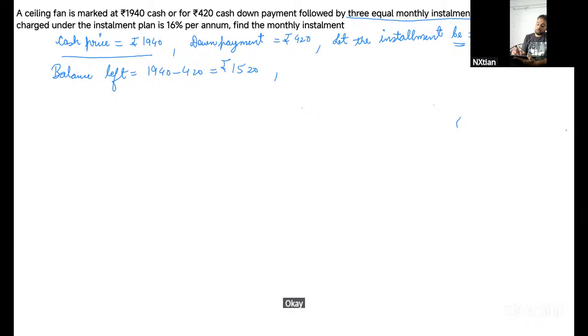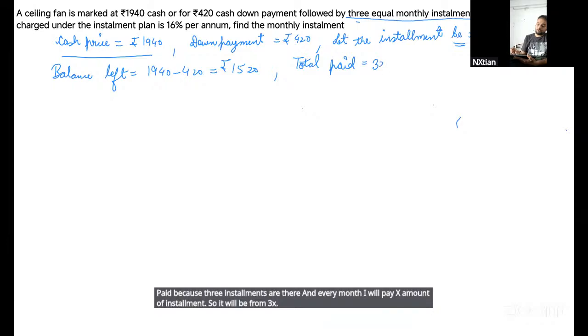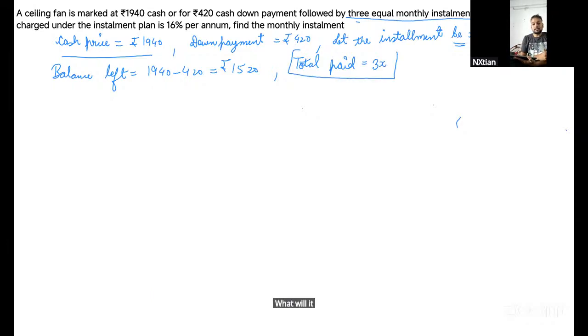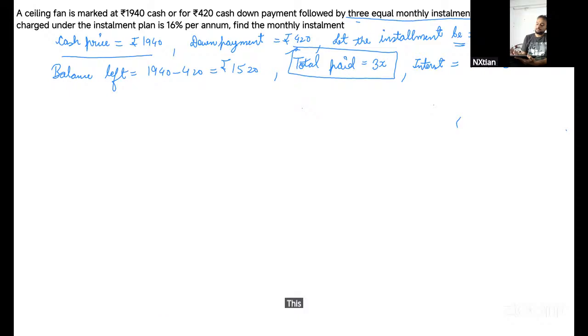Now how much total will I pay? Total paid: because three installments are there, and every month I will pay X amount, the total paid is 3x. Now the extra, which is the interest I paid, is 3x minus the balance left, which is 3x minus 1520. So this is the extra which I will pay.